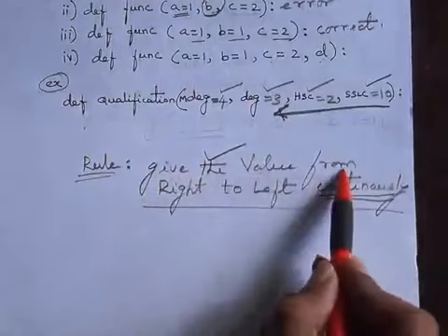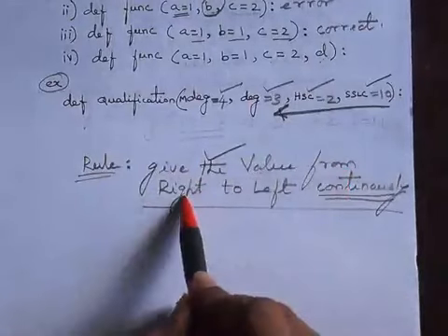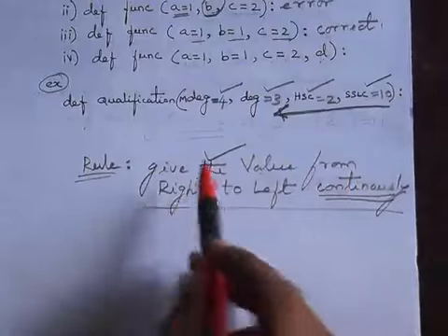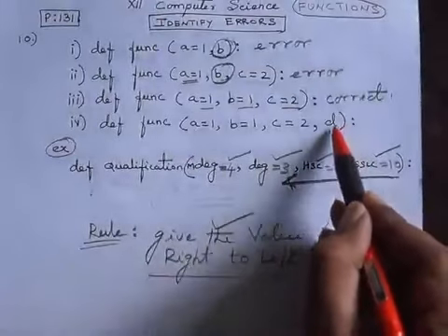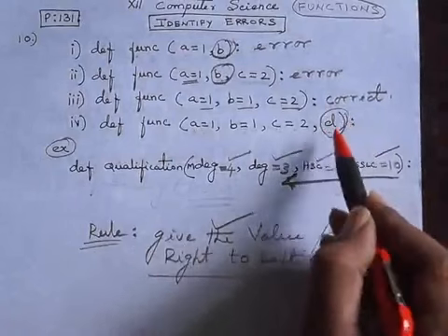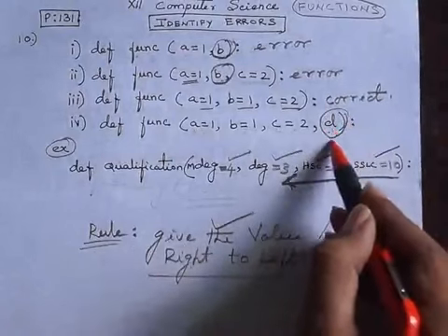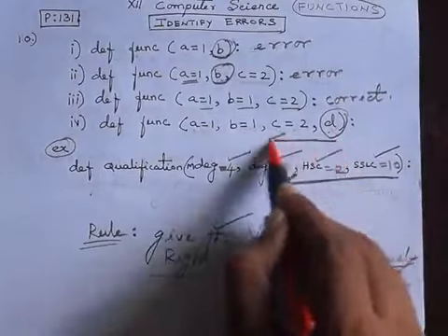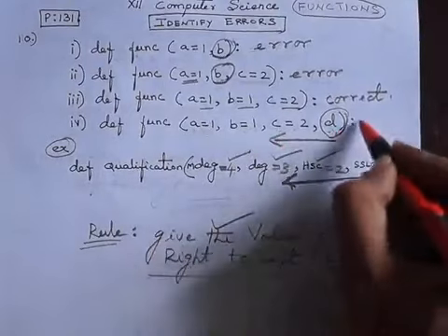Okay. So what's the rule? If you want to give the value for the argument, starting from the right you have to give the value. Okay. So you come here. So D itself not received any value. The first variable itself, starting from the right, the first variable itself not receiving any value. So it is error.